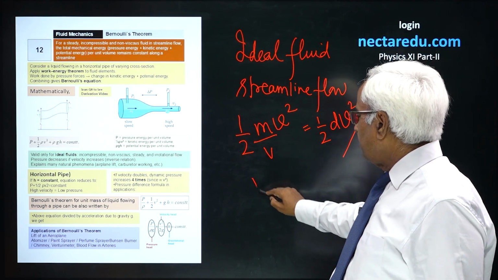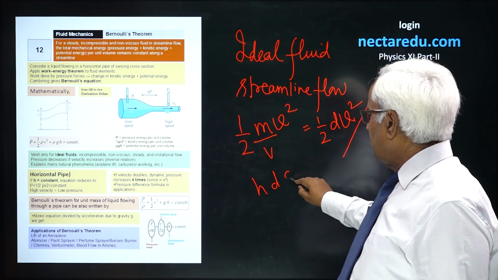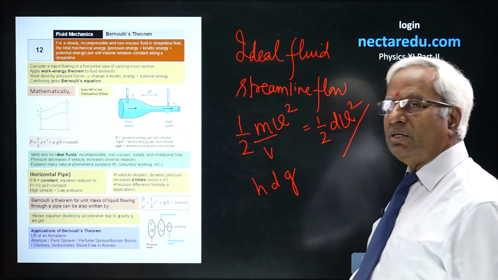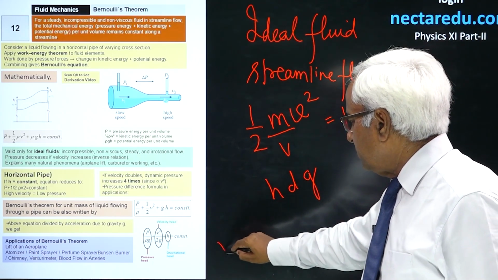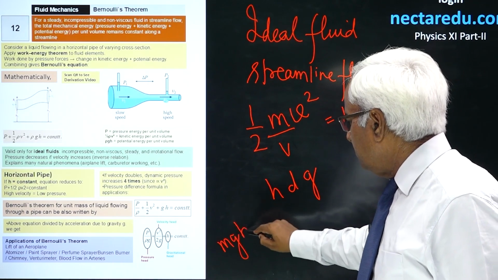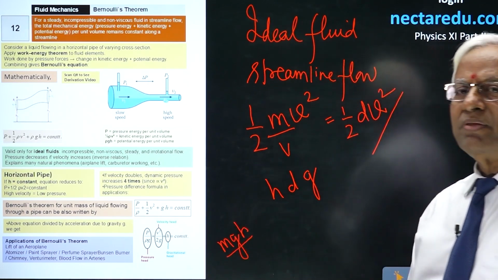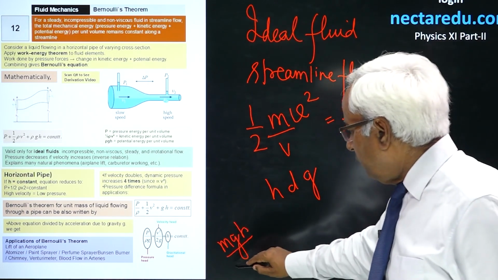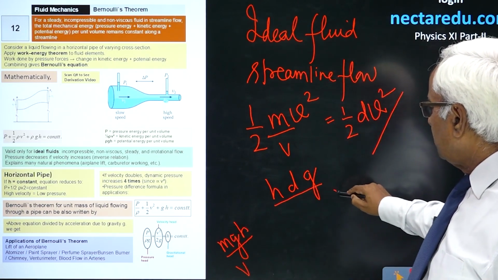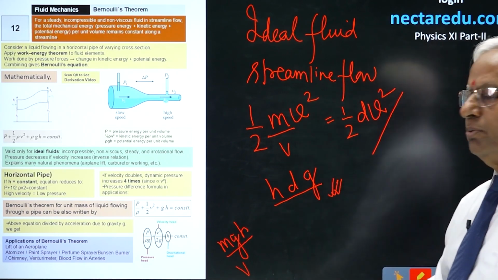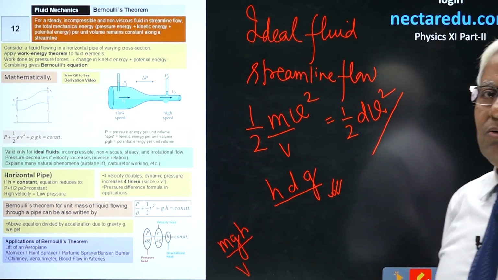Likewise, you have the potential energy. Oh, sorry, this is pressure. You have the potential energy mgh. You divide it by volume, it becomes density times gh, dgh. This is the potential energy per unit volume.